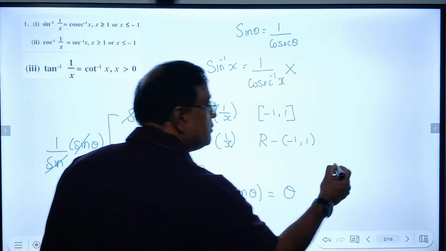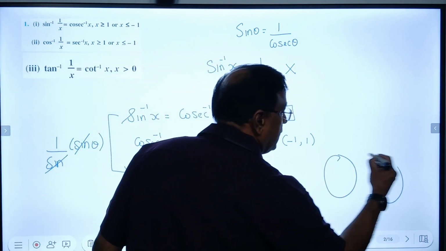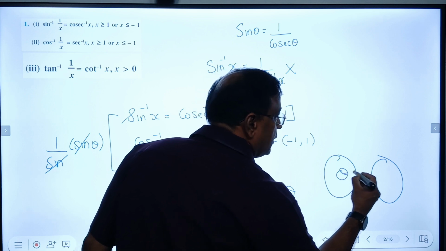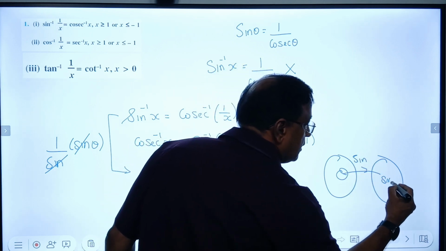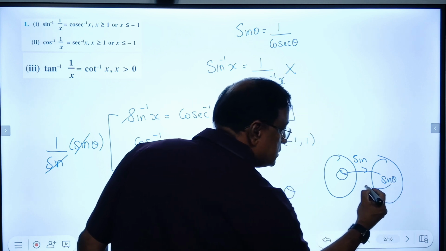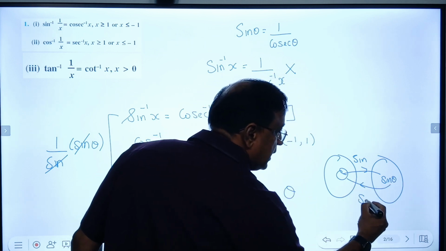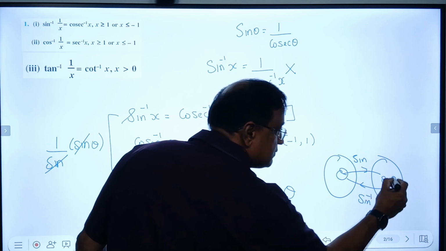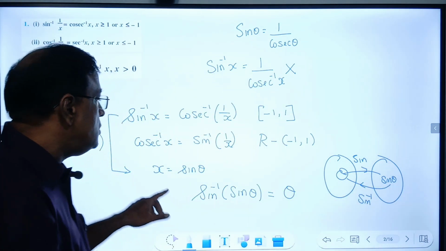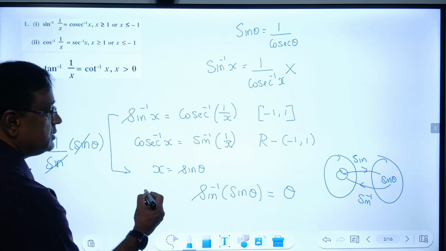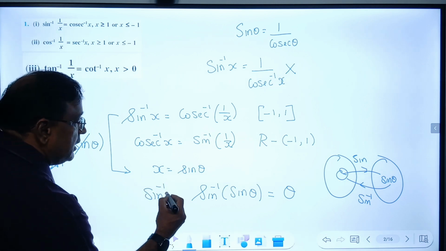The idea is, if I have theta under the function called sine, it becomes sine theta, right? Now the reverse, when I take sine inverse of sine theta, it is theta. That is the right way to understand this formula. So I have sine inverse of x, this is my left hand side.